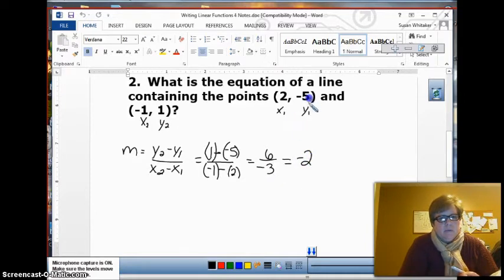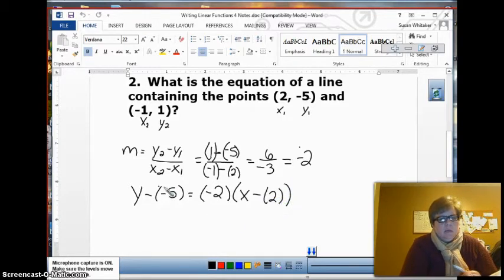So x1, y1, and m are what I need for my formula. So y minus y1, which is negative 5, is equal to m, which is negative 2, times x minus x1, which is 2. Okay, clean it up.